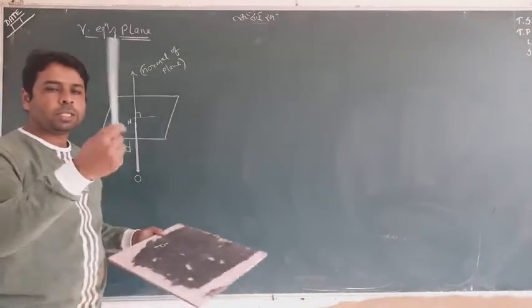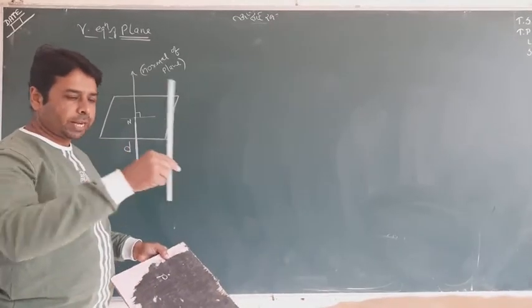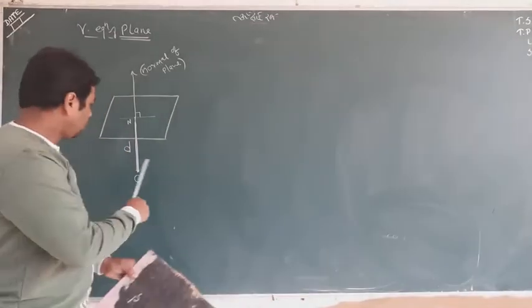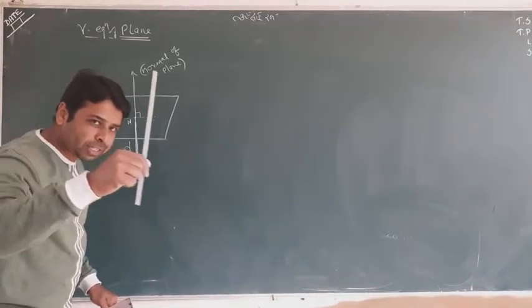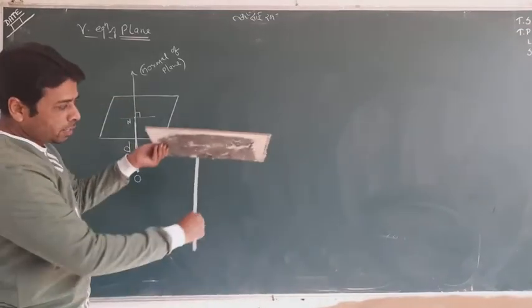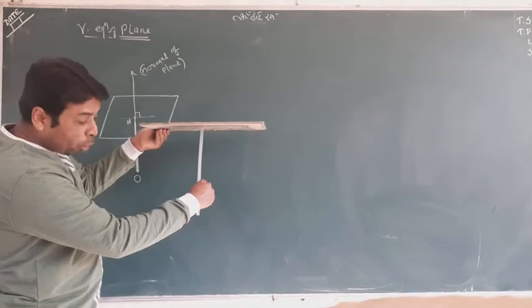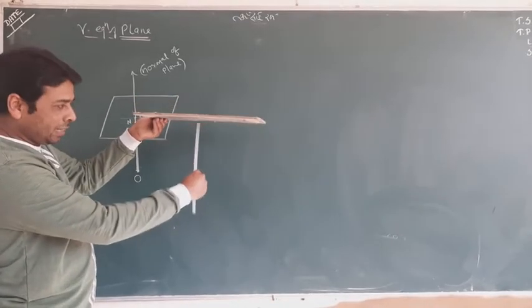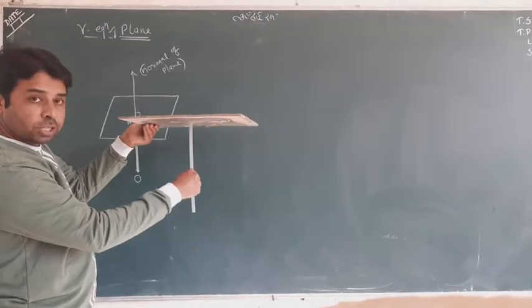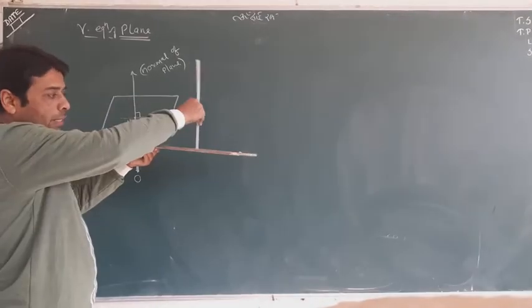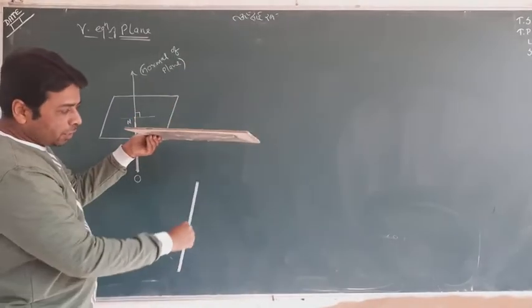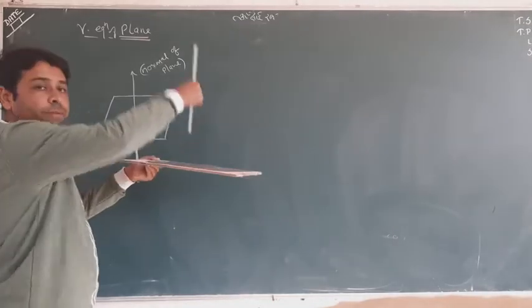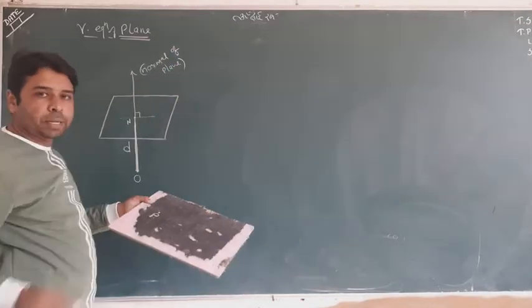The bottom tip of this line is O and this point is called N and this distance is d. After crossing the plane, it comes up like that. So this is the normal of the plane.